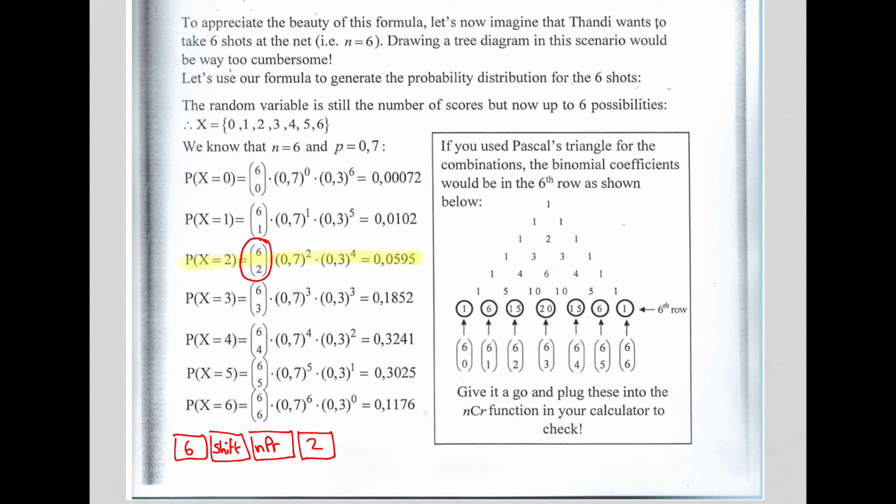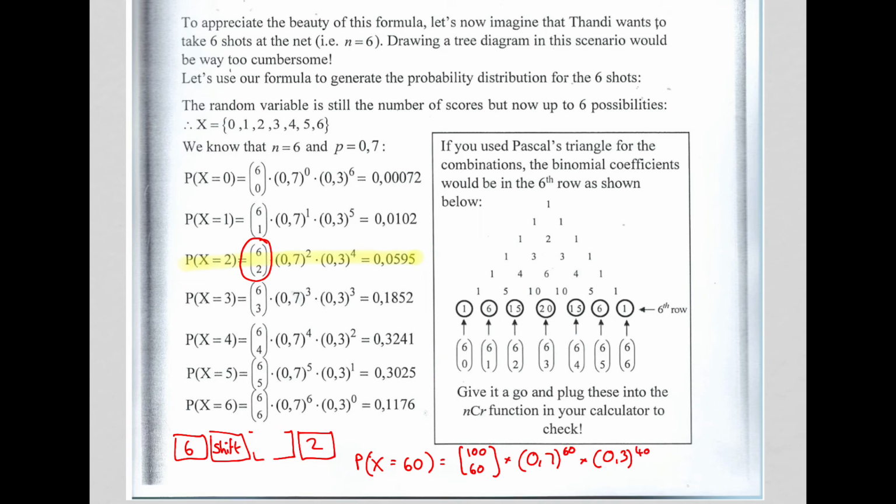So you can see here now we could work out if she took 100 shots. All right, so if she took 100 shots and we want to see the probability of her scoring 60 of those shots, then we would say that the probability of x equaling 60 would be equal to 100 choose 60, and her probability of scoring will be to the power of 60, and therefore her probability of missing would be to the power of 40.